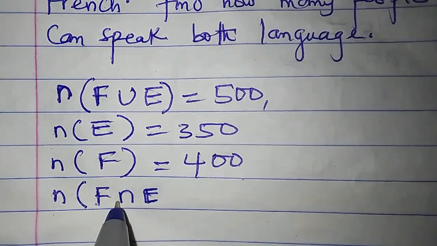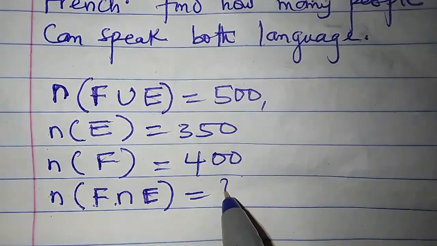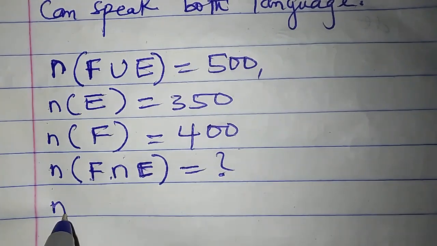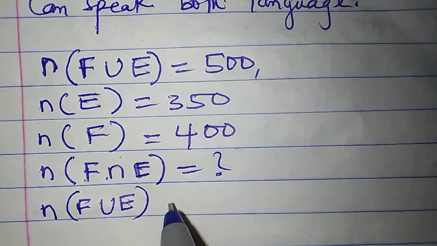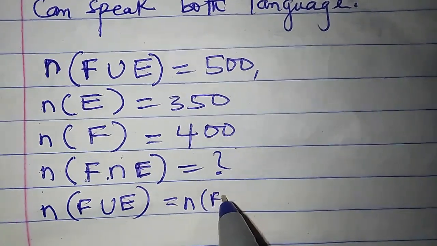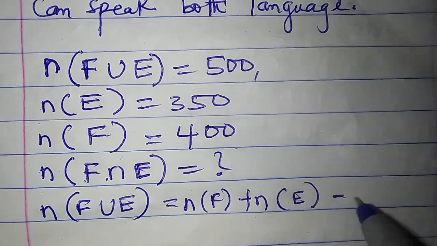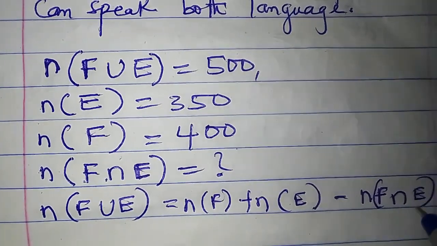This is F intersection E, French intersection English. This is what we are looking for. This formula will help us. Number of F union E is equal to number of F plus number of E minus number of F intersection E.